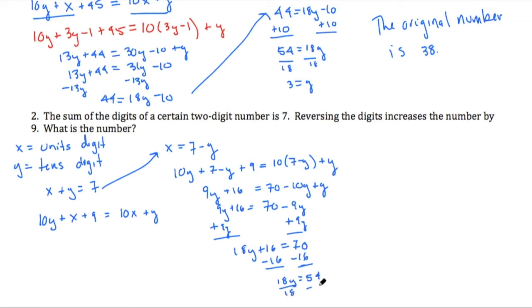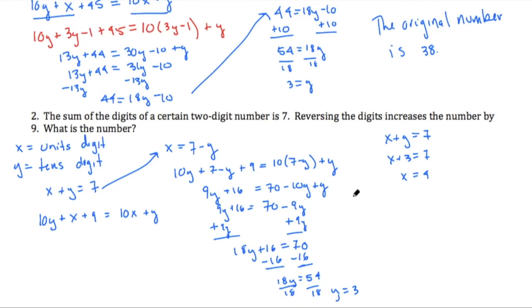Divide both sides by 18, and y is equal to 3, of course. So we'll go back and find x. We know that x plus y is equal to 7, so x plus 3 equals 7, so of course x is 4.